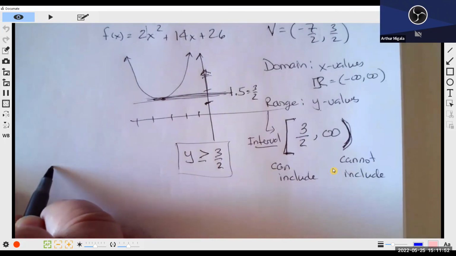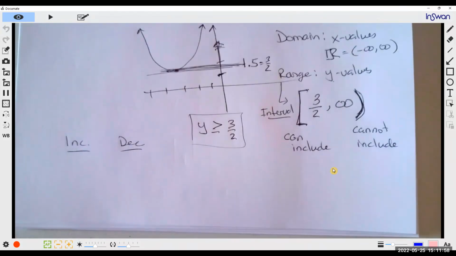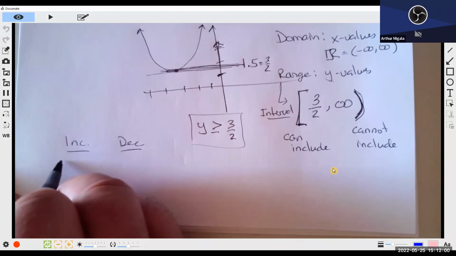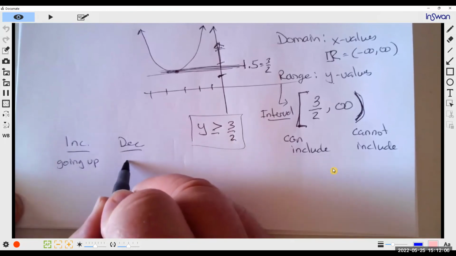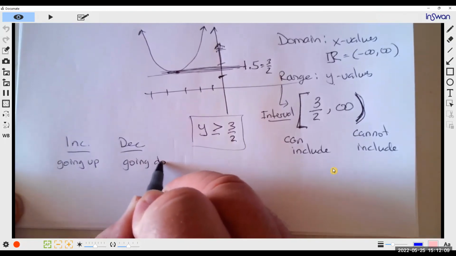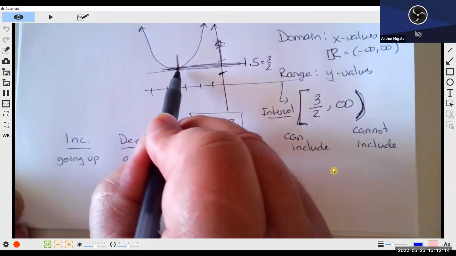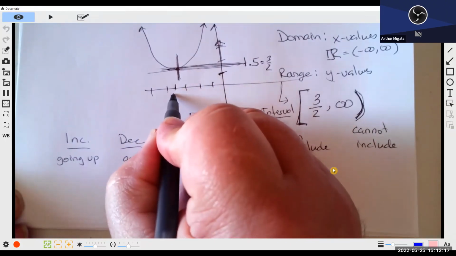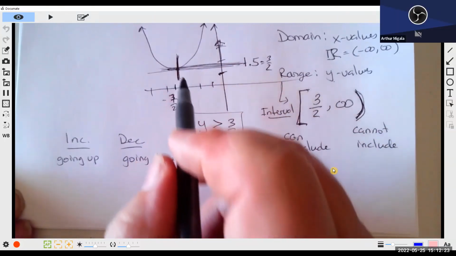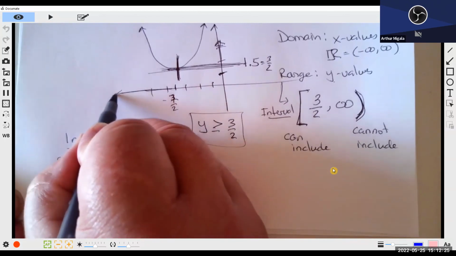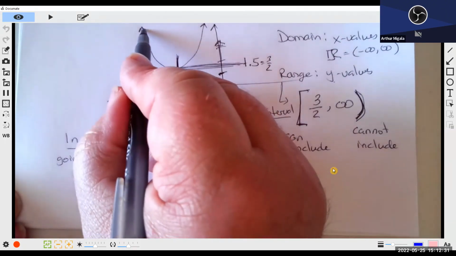So now it also asks you, where is it increasing? Where is it decreasing? When it says increasing, that means it's going up. Decreasing, it's going down. So at the vertex, it doesn't do anything. So at -7/2, that's where it stops doing anything. So everything from -infinity all the way to -7/2, the graph is going down.